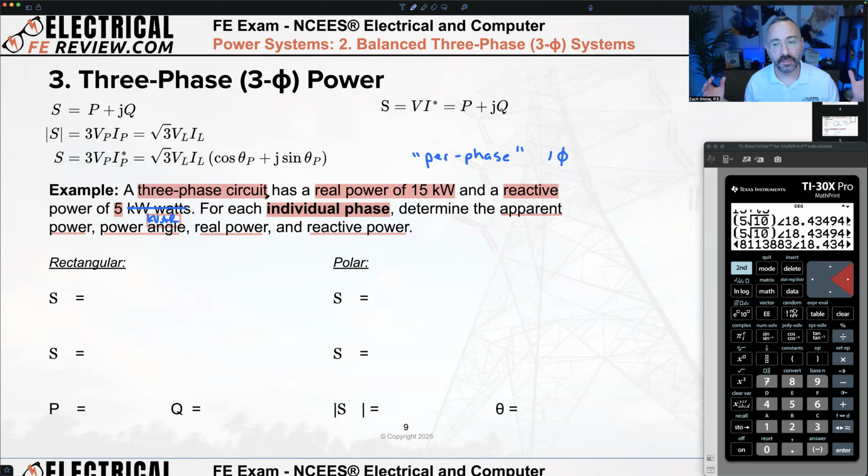So what's the identity there? How do we figure that out? Look at this formula right here. Complex power, this is three-phase, equals 3 times the phase voltage and the conjugate of the phase current. What's the only difference when I look at this formula for three-phase compared to this formula for complex single-phase power?